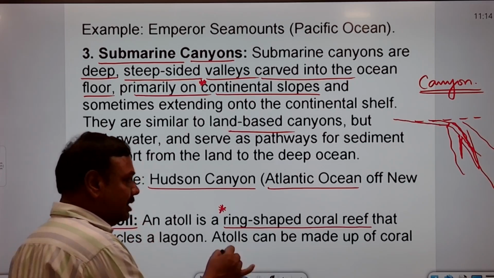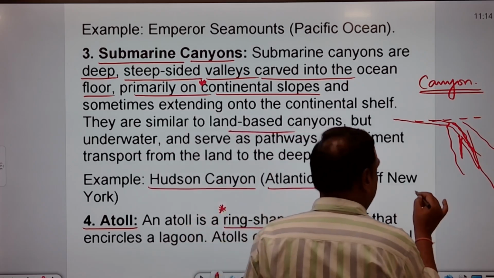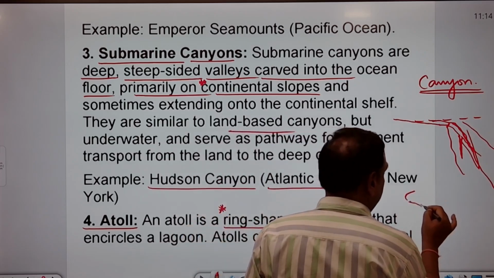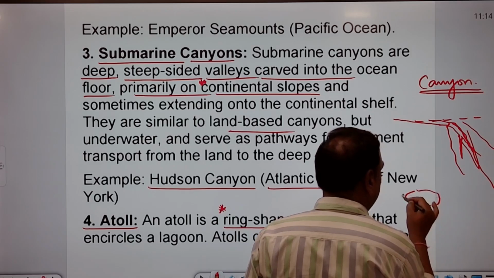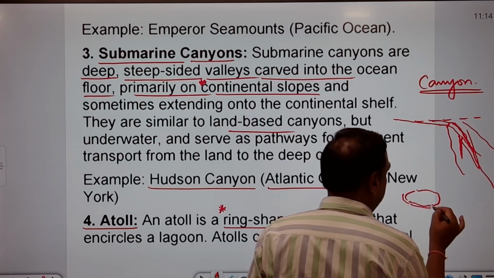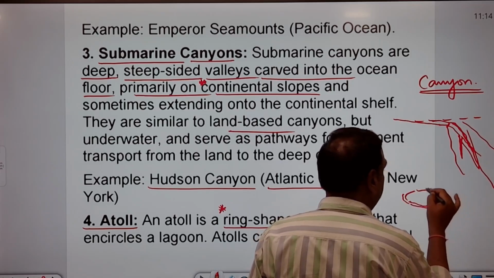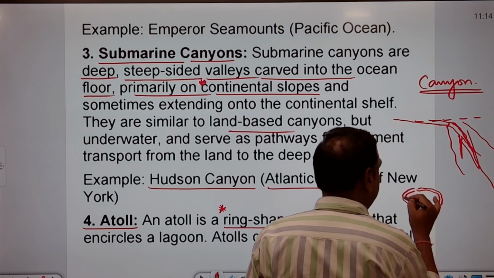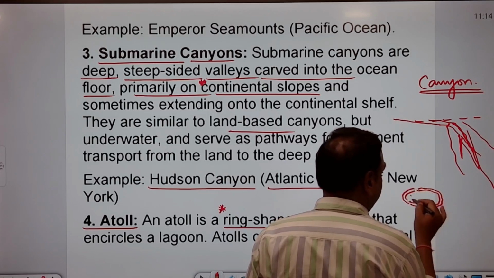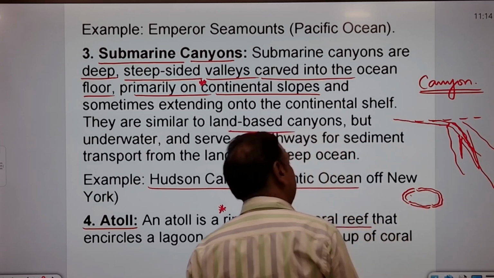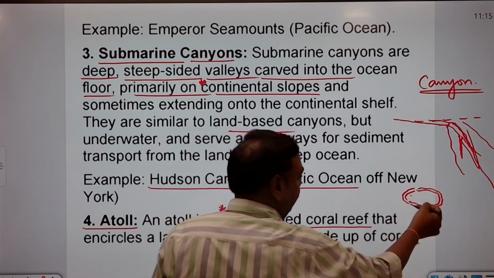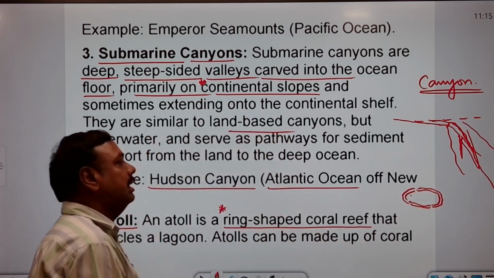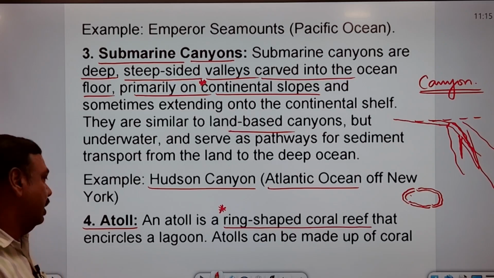That means this ring-shaped coral reef has been formed there around a lagoon, around the seawater, right? And in that way you can say it is filled with seawater. So this encircled part has been called as the atoll, right?